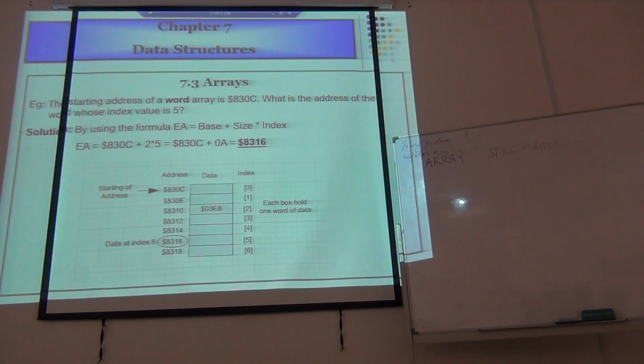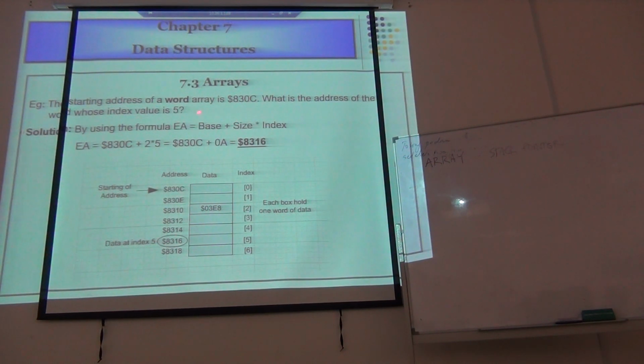So the question asks, what is the address for index value 5? So go back to the formula just now. Very simple formula. Effective address is equivalent to base plus size times index. So you have to complete this one first.